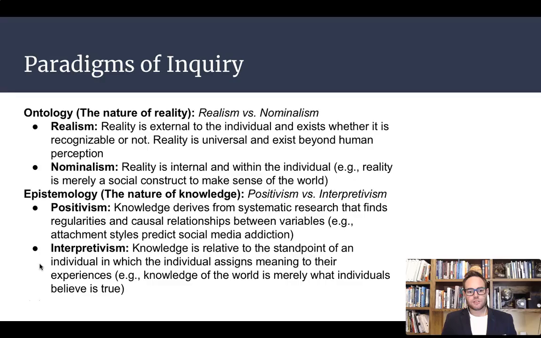Now, nominalism takes the opposite approach. So individuals operating from this school of thought believe that reality is internal and within the individual. So essentially, reality is merely a social construct that we make in order to make sense of the world around us.